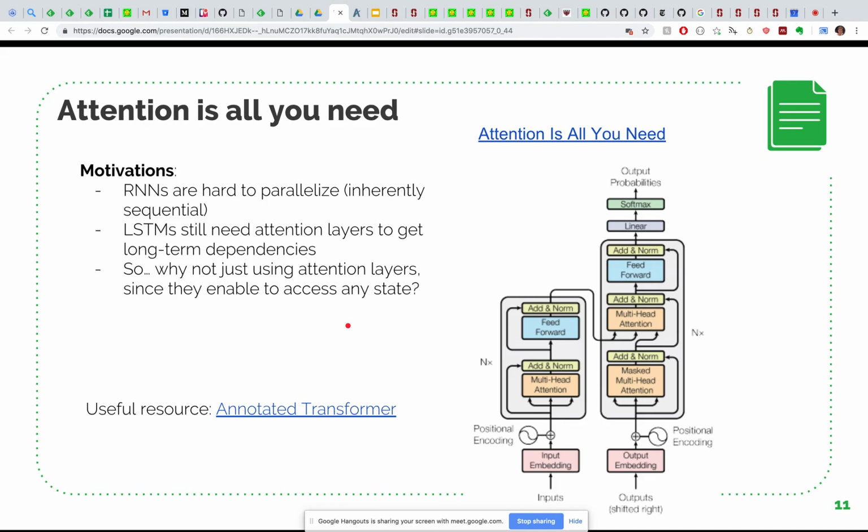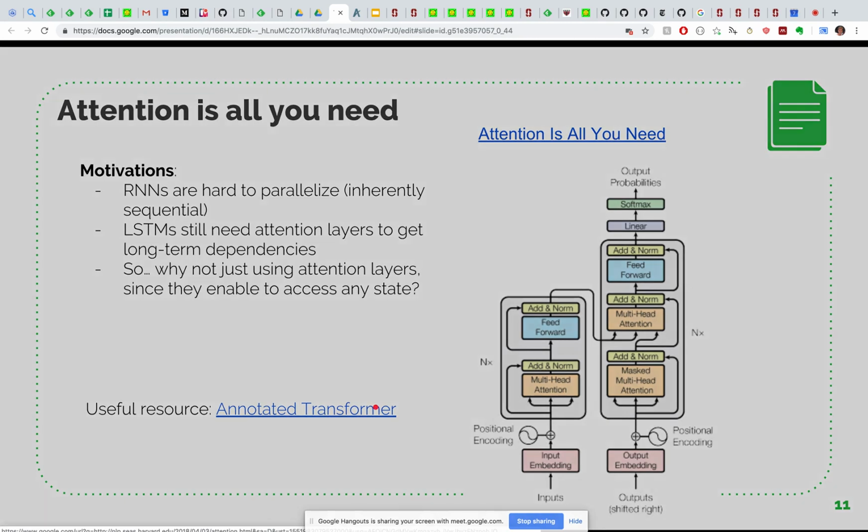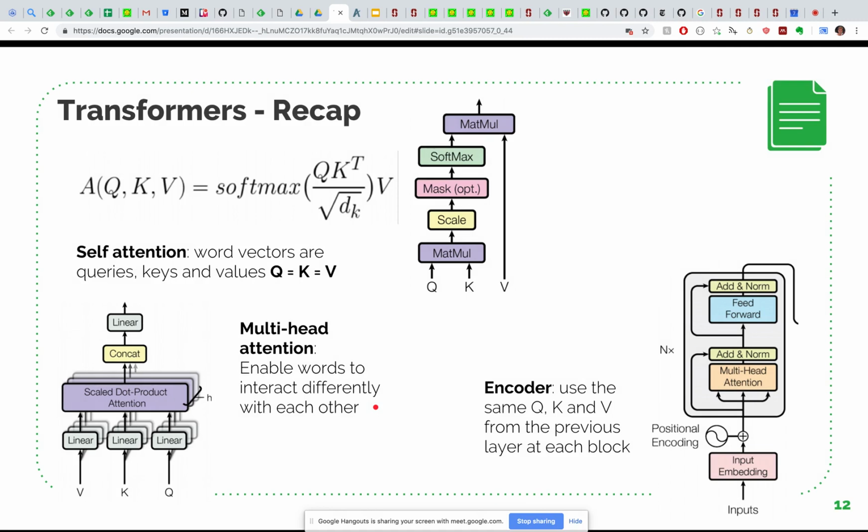Here is the architecture of the original transformer model. In the original paper, this model is used for machine translation, so you have an encoder and a decoder, but here we will just look at the encoder because that's what we are interested in for language modeling. Transformers use only attention layers. Just to recap, attention is a computation between a set of keys, queries, and values.